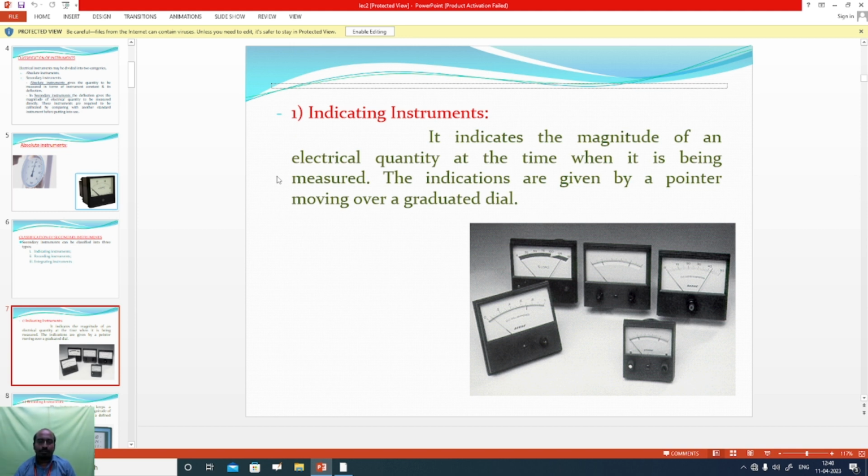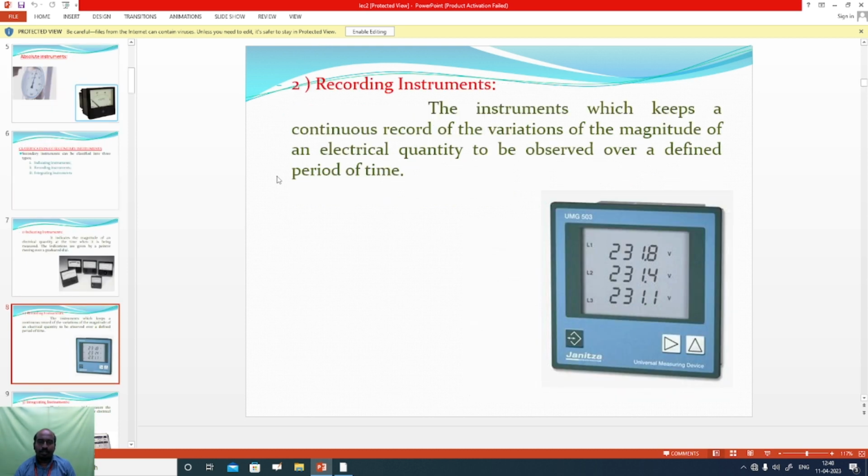These are given by a pointer moving over a graduated dial. The recording instrument keeps a continuous record of the variation of the magnitude of the electrical quantity over a defined period of time. So, the instrument readings can be recorded and seen later.